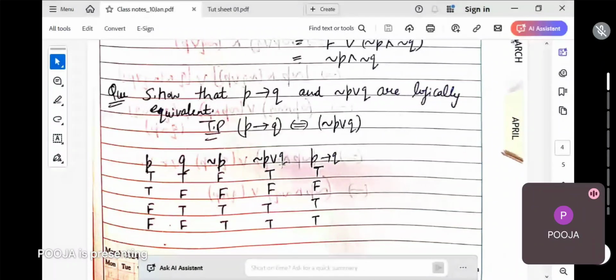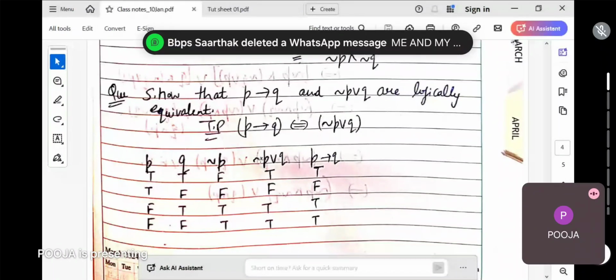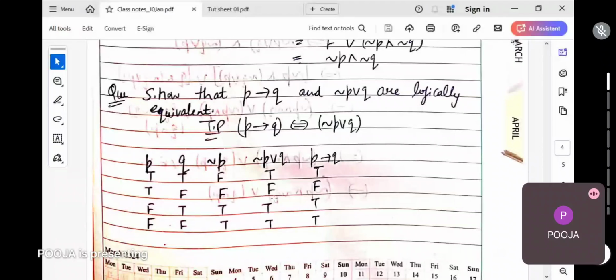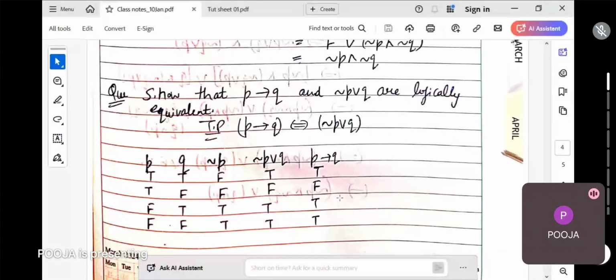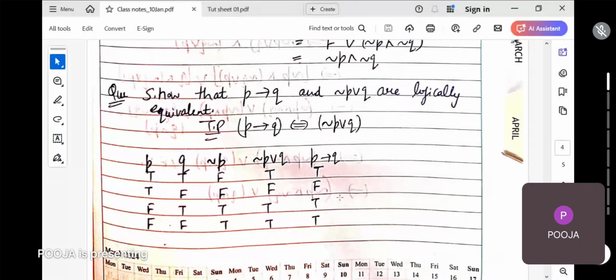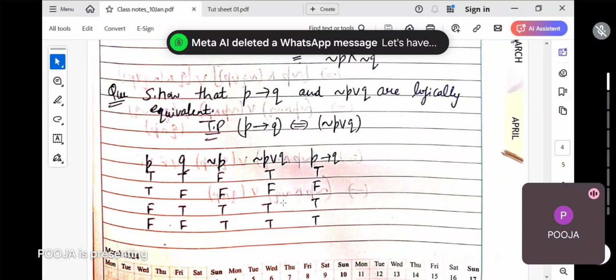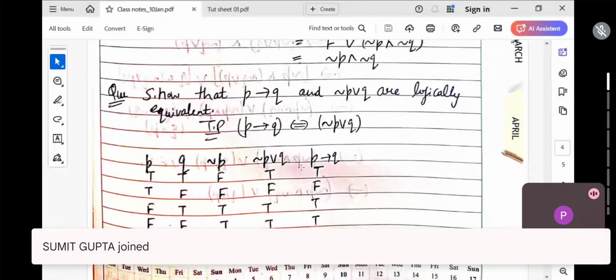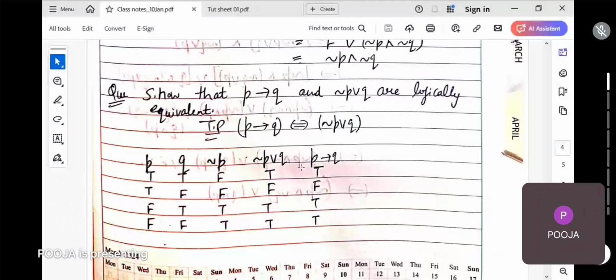So if the truth values are the same for these two propositions in all four possible rows, then these two compound propositions are logically equivalent. That is one way. The other thing that can be done is, in the fourth and fifth columns, you just apply a biconditional. If the biconditional comes out to be true, a tautology, in all the cases, then these two propositions are logically equivalent.